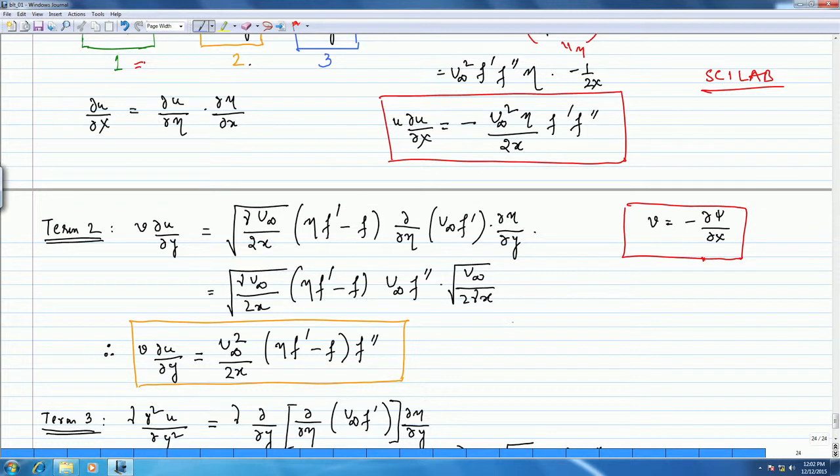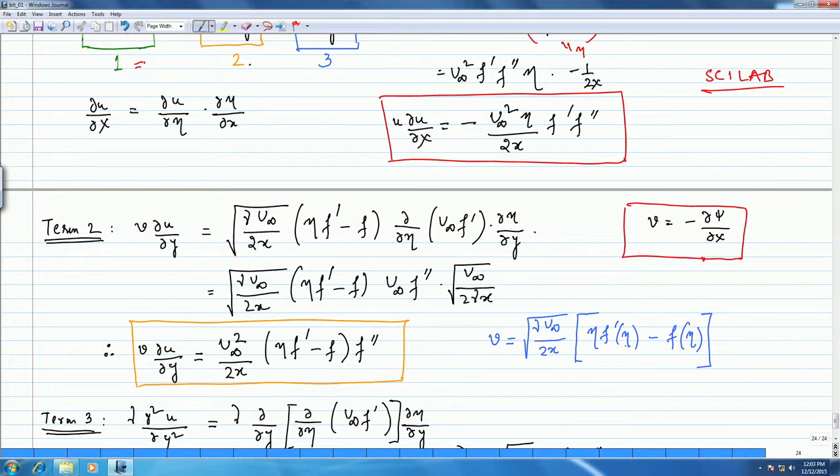So v is equal to nu u infinity by 2x, eta f dash eta minus f of eta.